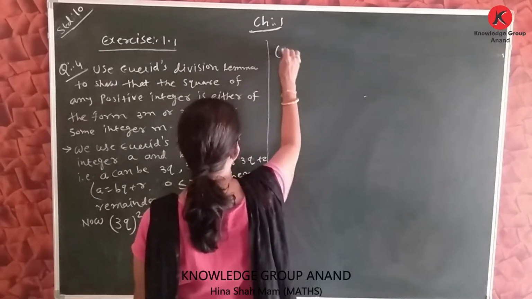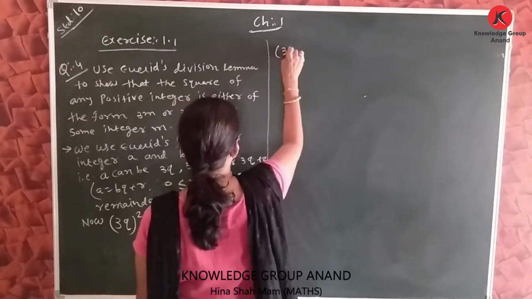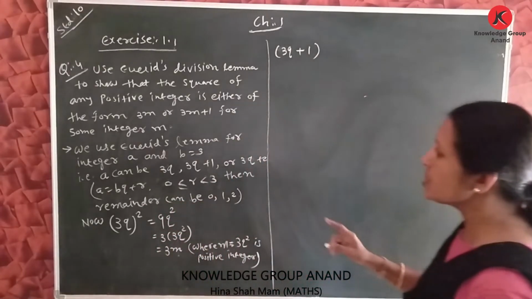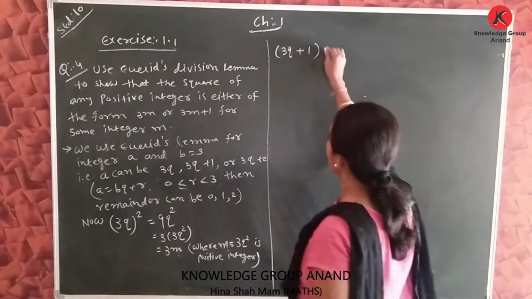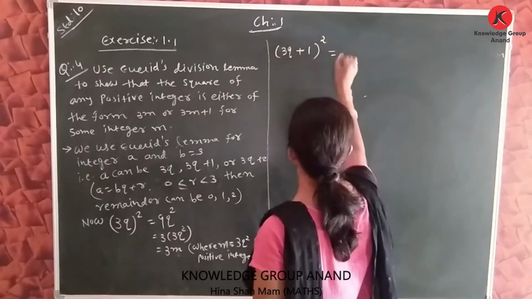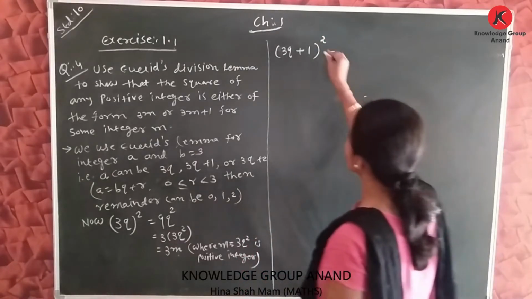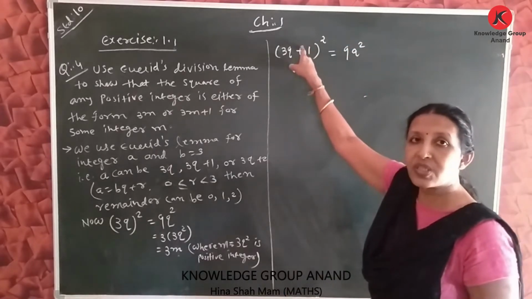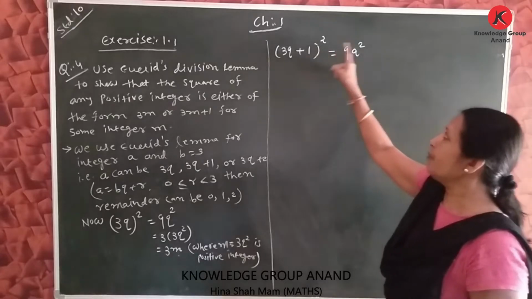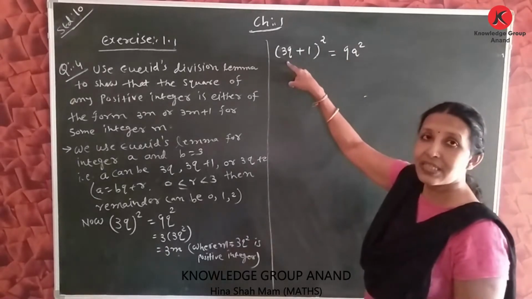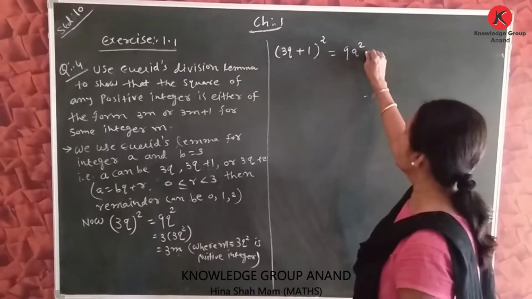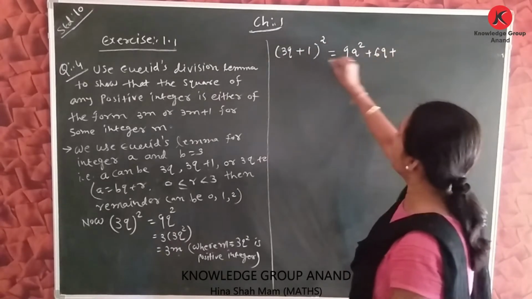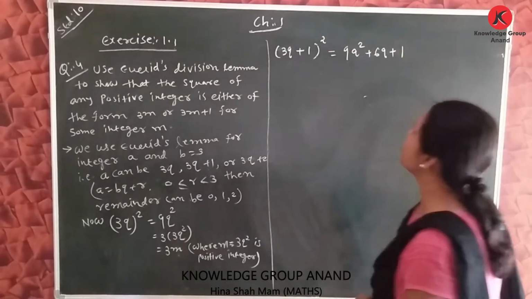Now 3q plus 1. We take the square of 3q plus 1, the whole square. We use a plus b whole square, which is a square plus 2ab plus b square. Here a square is equal to 9q square, plus 2 times 3q is 6q, plus 1 square is equal to 1.